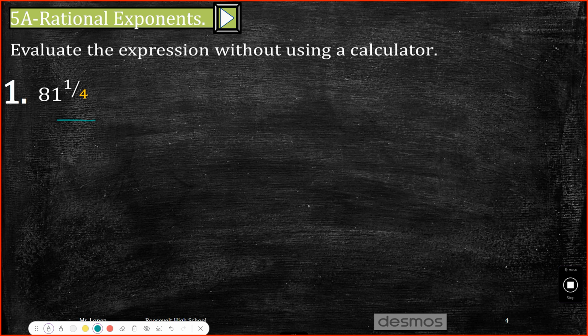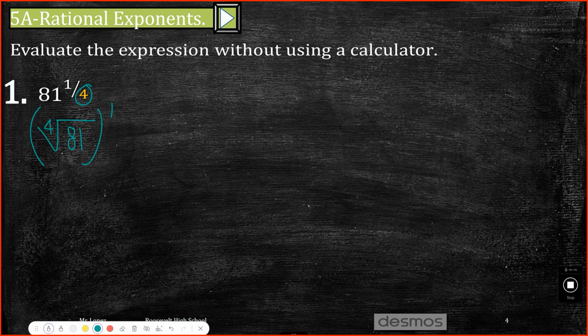So, boom, there's a radical. The denominator goes in the index. And then you can go 81 to the 1 power. That's regular. You can put it outside or inside. It doesn't matter. What's the 4th root of 81? Meaning what number multiplied by itself 4 times equals 81?